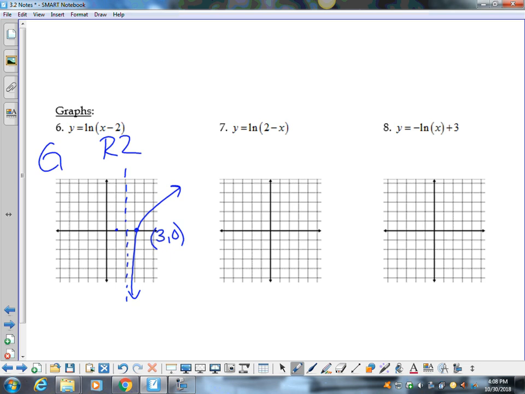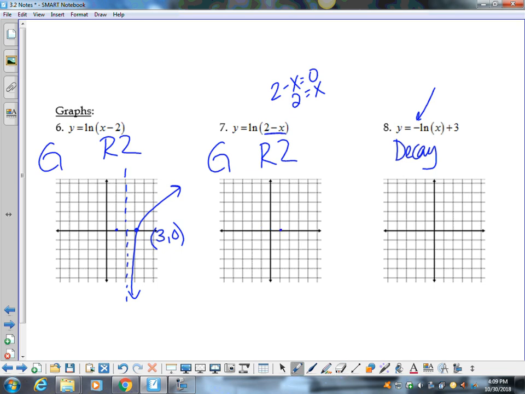Number 7. Again, this one has a negative on my x, so I'm going to be careful. This is growth. There's your decay right there. This is growth. If I go 2 minus x equals 0, I get 2 equals x. So I'm going right 2, so I'm starting here, going right 2, oh, that's not right. That was left. My bad. Hold on.